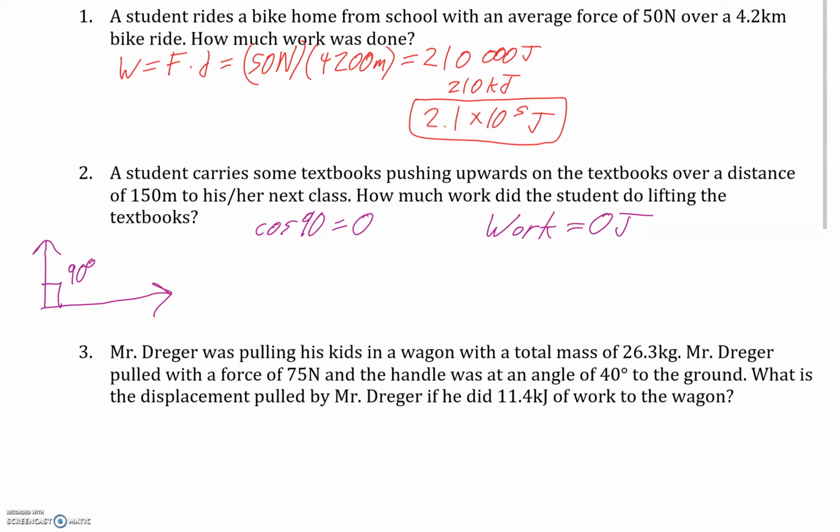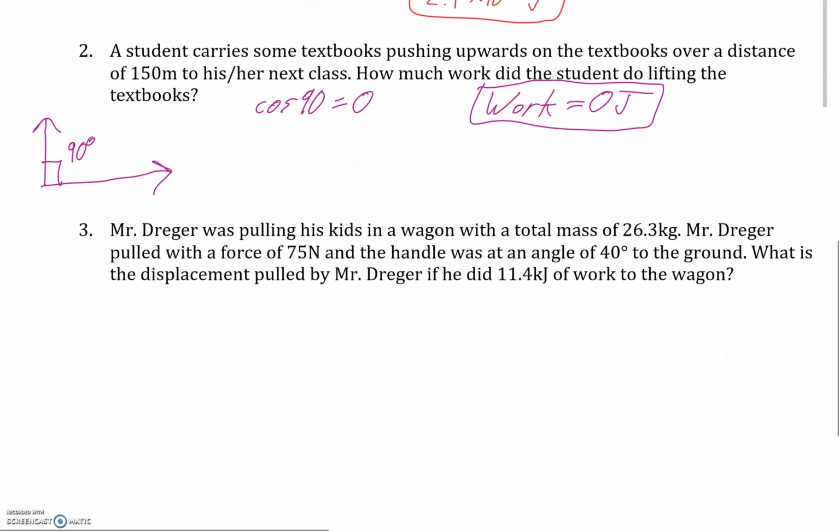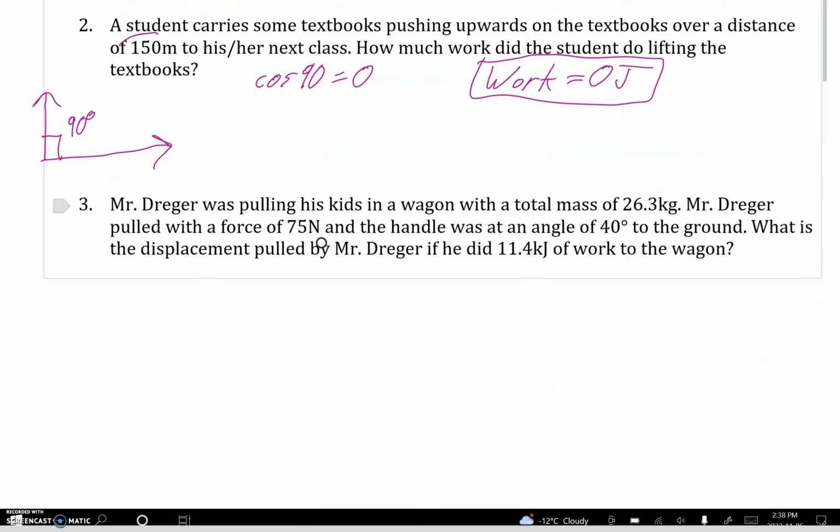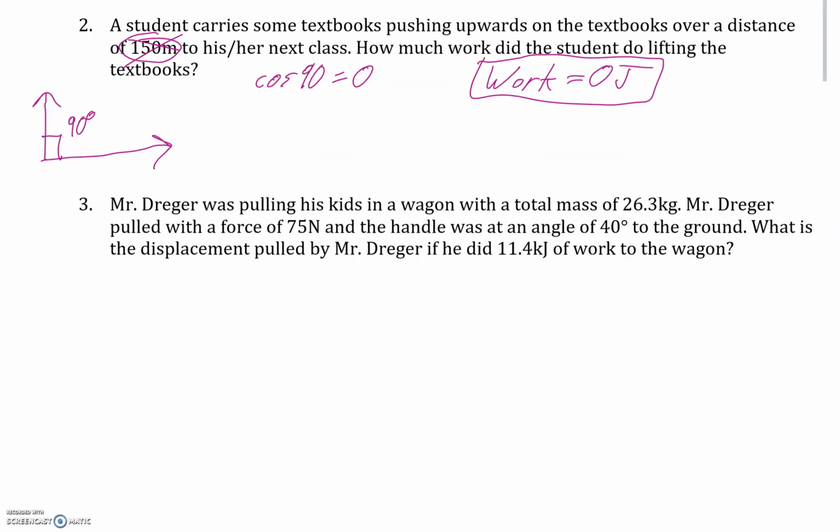So 0 joules of work is done because their direction of force is in a different direction from the displacement. Perhaps you could say they lifted it a meter up in the air, in which case you could talk about the vertical work done. But this distance here has nothing to do with the vertical. That is a horizontal displacement, and therefore the force and the distance are different.